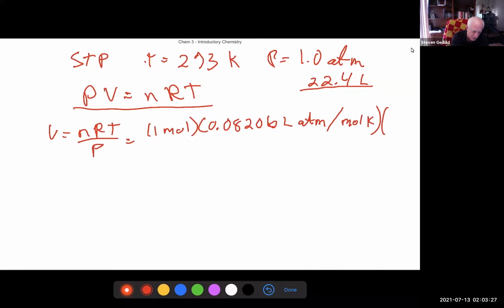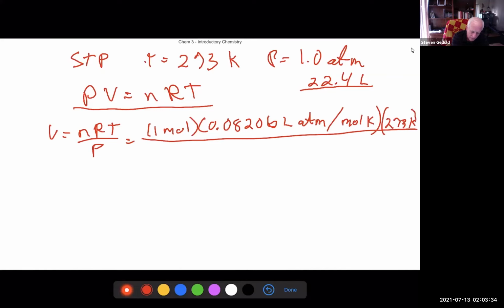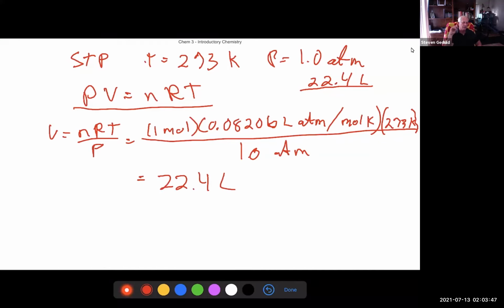The temperature is 273 Kelvin, and the pressure is 1 atmosphere. You do the calculation, and that comes out to 22.4 liters. So any gas at STP conditions, which is 1 atmosphere and 0 degrees centigrade, 1 mole of any gas is going to have a volume equal to 22.4 liters, no matter what the gas is.